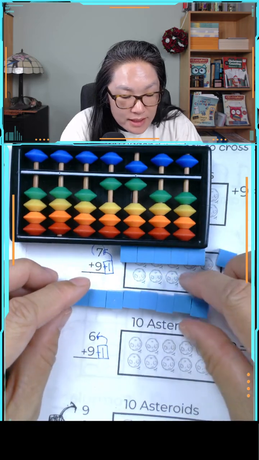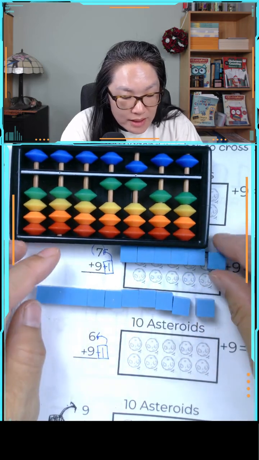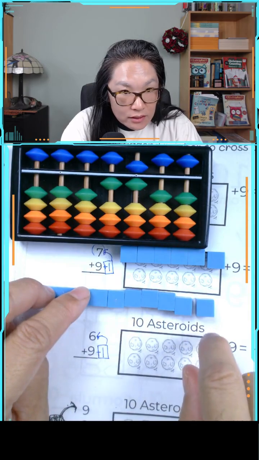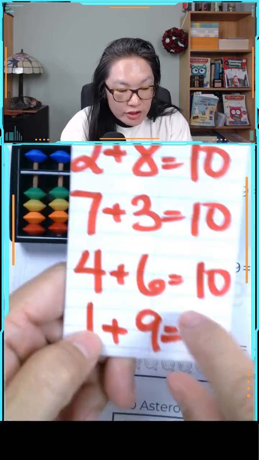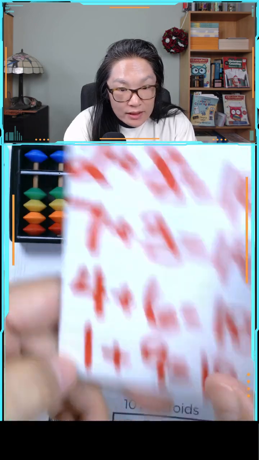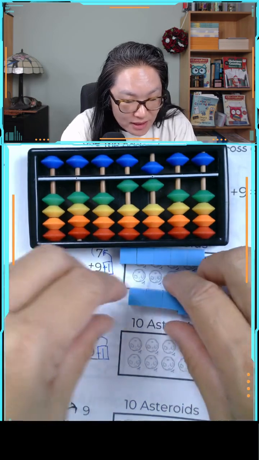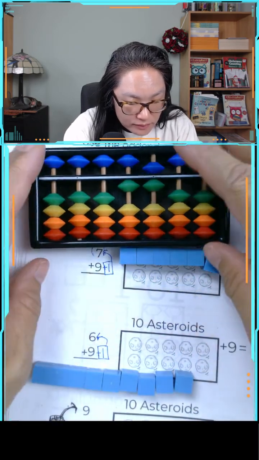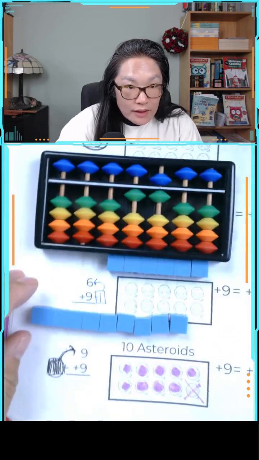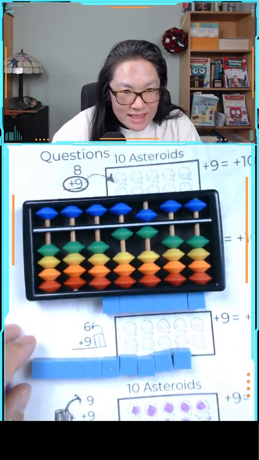What I just did is I showed you a concept. The concept is you need to make a 10 here. We understood 9 plus 1 is equal to 10. Let's do it again. If I had 6 on the abacus, I'm not going to memorize what 6 plus 9 is.